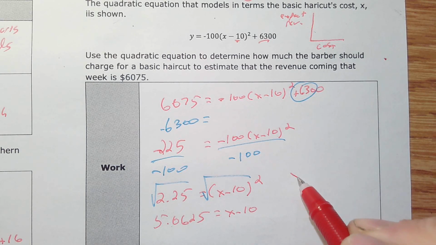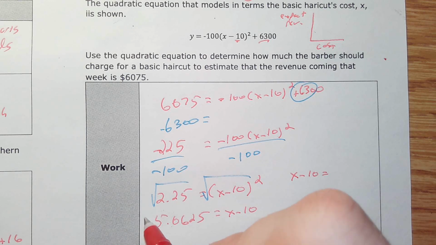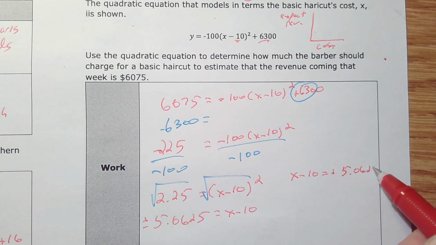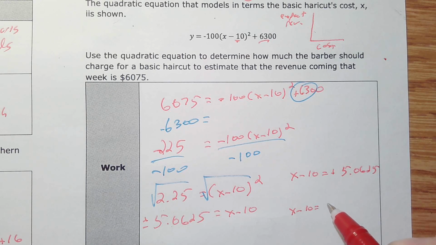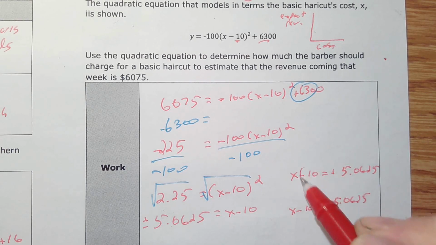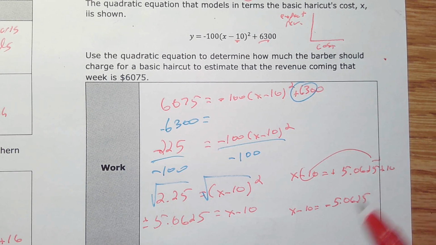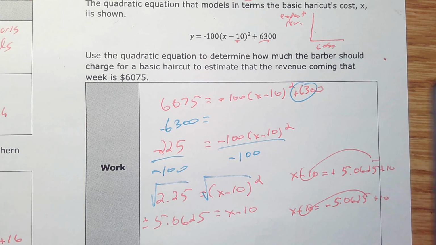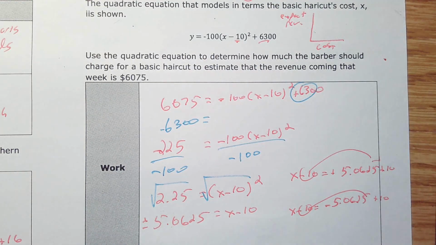Remember this is plus or minus, so x minus 10 equals positive 5.0625, or x minus 10 equals negative 5.0625. Now I'm going to move this over to make it plus 10. This is in years, and I'm solving for the years either way.